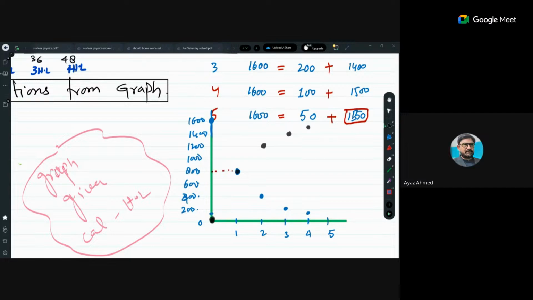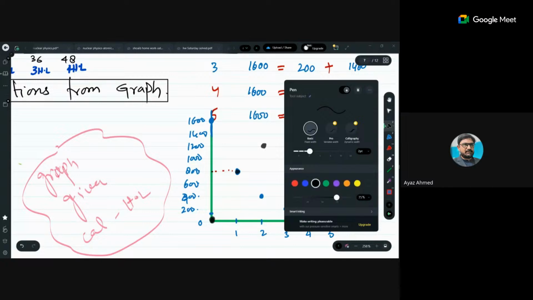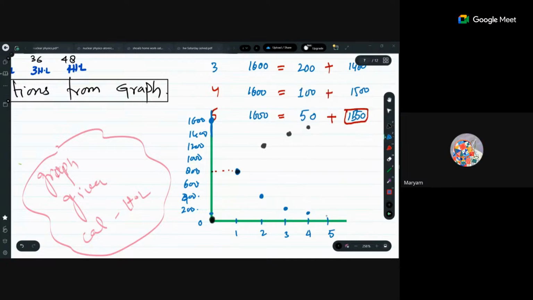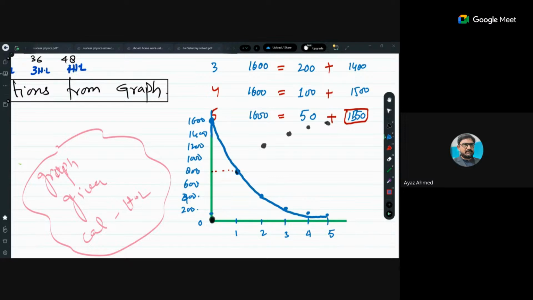After another half life, only 50 will be left over, and it means 1550 are gone. So if you draw the graph of remaining number of nuclei, this will give you this type of graph. And if you want to draw the graph of decayed, this will give you this type of graph. Now you got it?